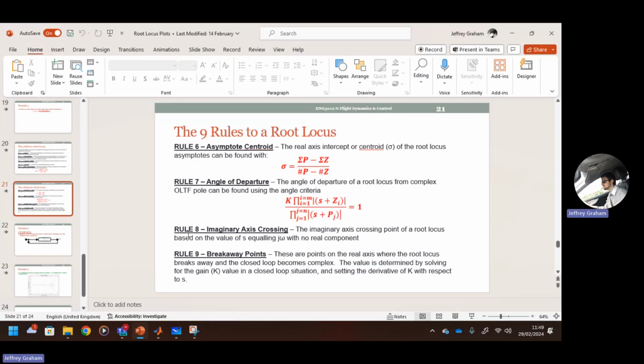Right. Rule 7. Rule 7 doesn't particularly apply in this one. We move on through to Rule 9, the more complex ones. Right.